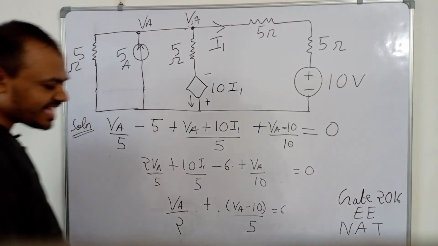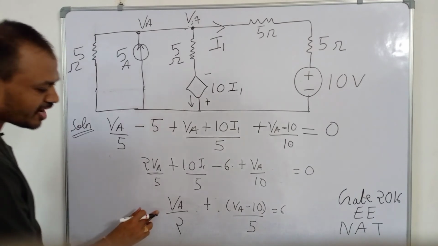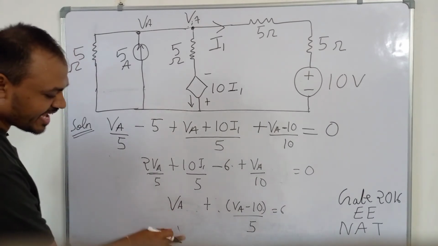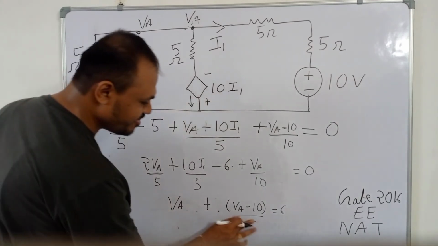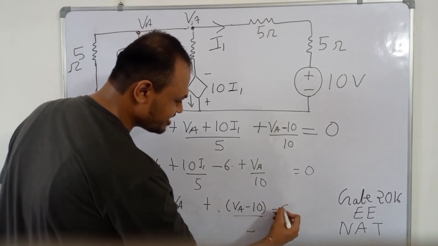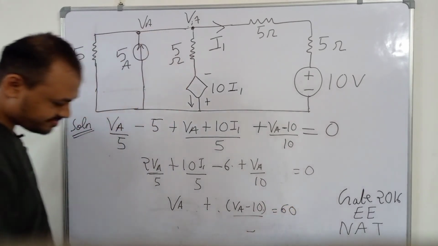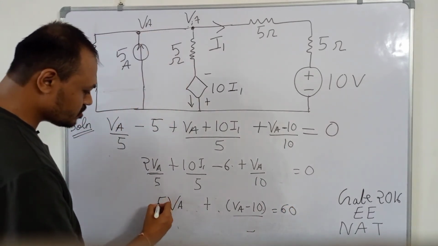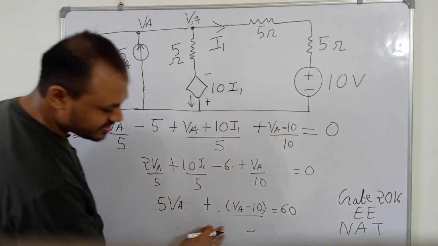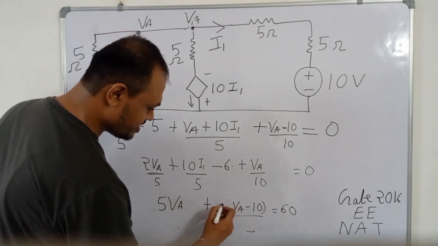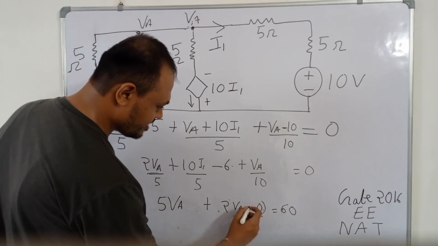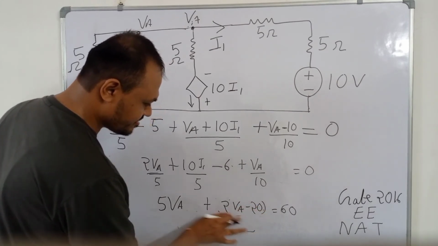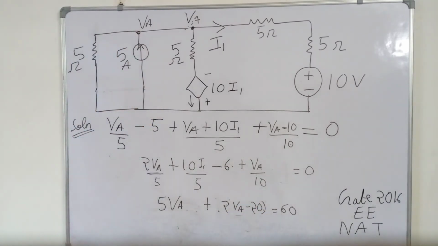If you take the LCM, it will be 10, so we multiply by 10 and it becomes 60. This was upon 2, so 5 VA, and this was upon 5, so plus 2 VA minus 20 is equal to 60.